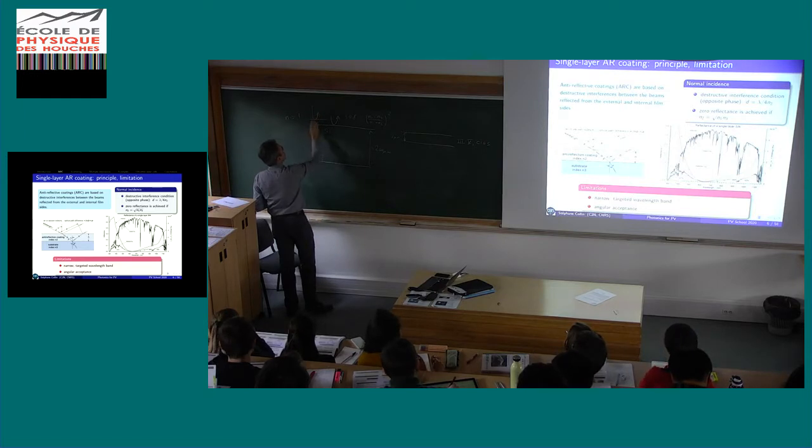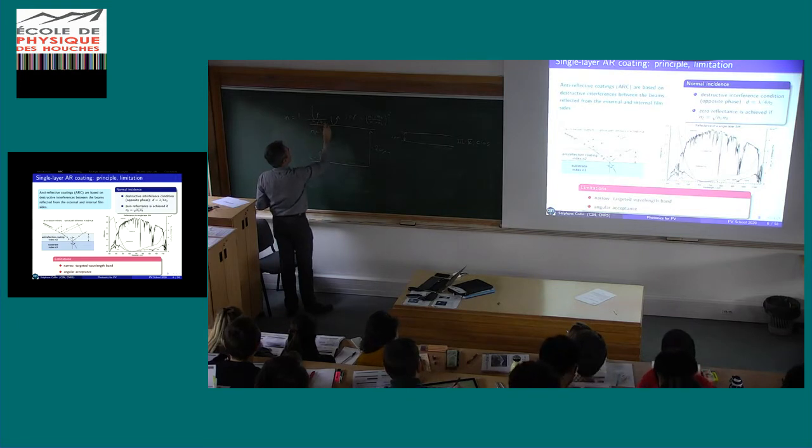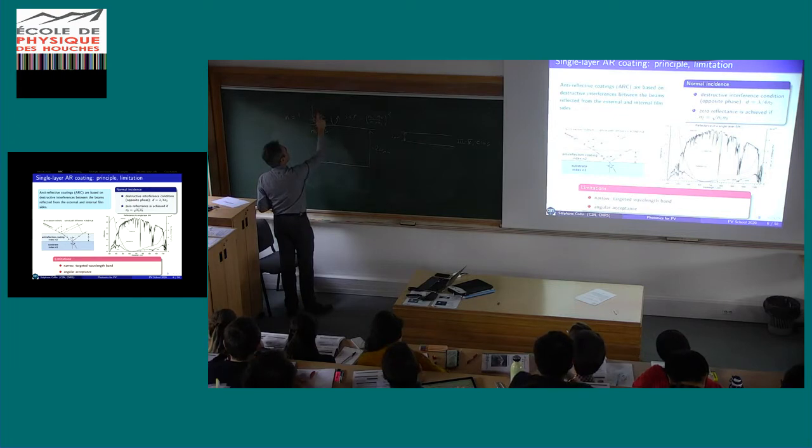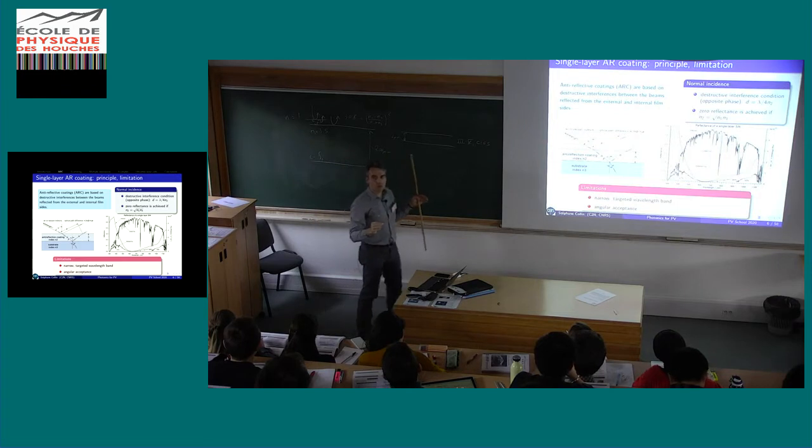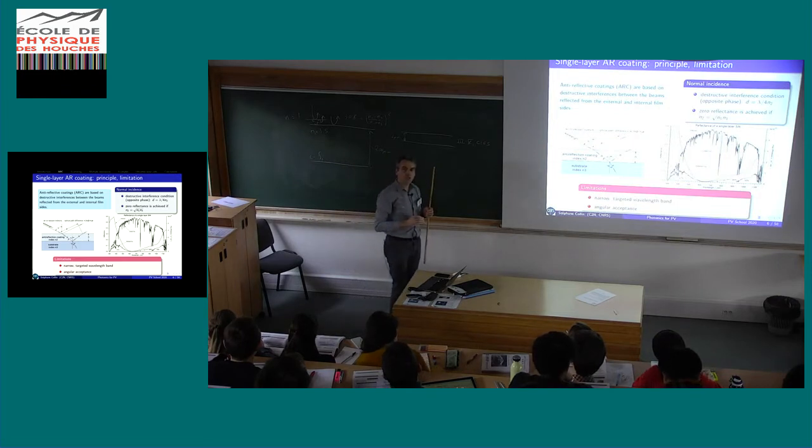Some light is transmitted, can be reflected here, and actually you can have multiple reflections and paths in this layer. But at the end you have an outgoing wave. And if you manage to have the same amplitude for this wave and opposite phases, then you can cancel out reflection completely and you can have zero reflection.